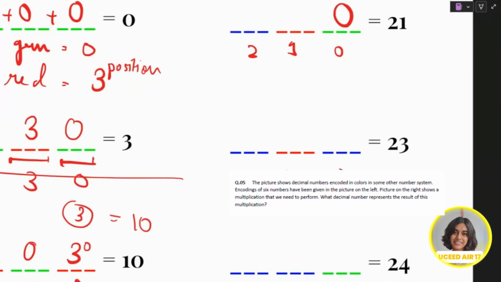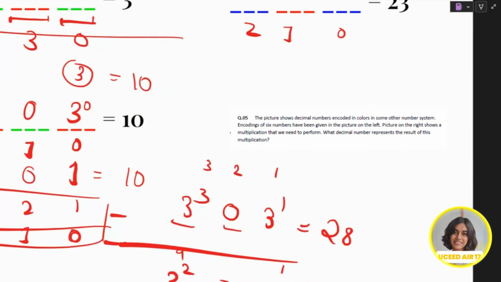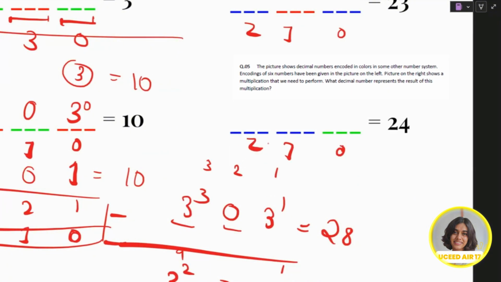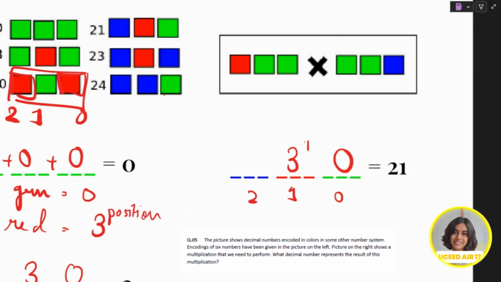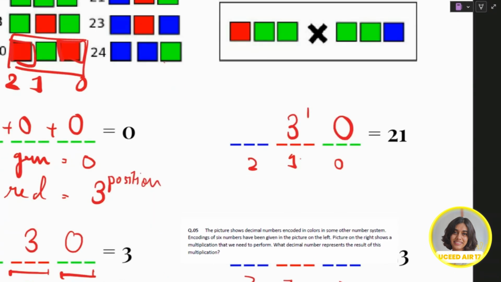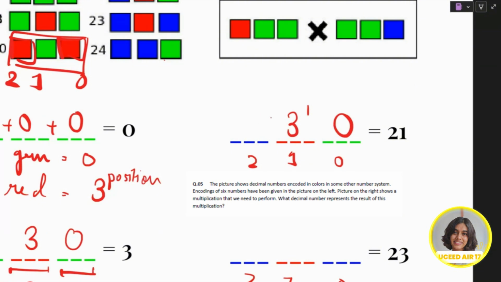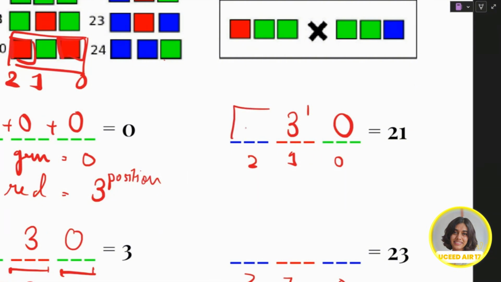I'll put it everywhere so that we take care of that. And at the red, I can put 3 raised to 1, because that's the first position. What I remain with is a blank box, which I might consider as X, because I still have to find it.